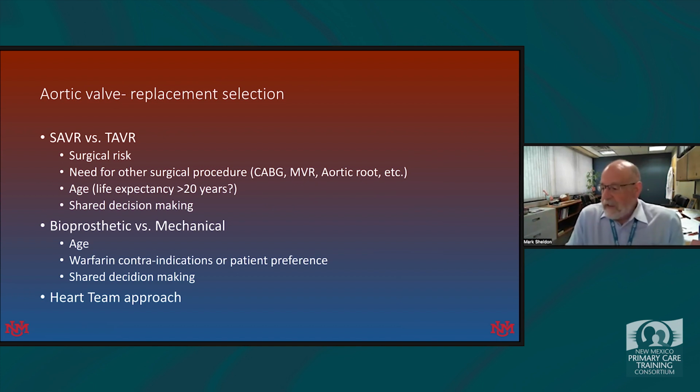For instance, if I needed a valve, I'm 57, I would hope that I'm going to be able to live until I'm in my late 70s. I might opt for a mechanical surgical valve because that is more likely going to last greater than 10 to 15 years. But ultimately, it's a shared decision-making process between the patient, the surgeon, the referring cardiologist, et cetera.